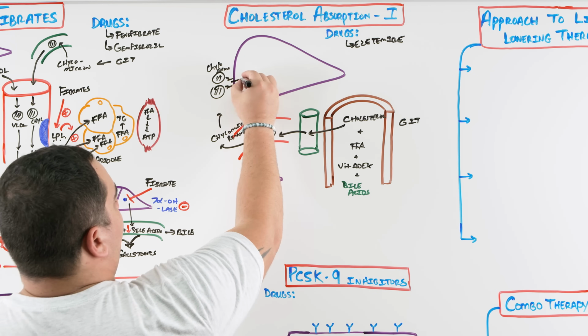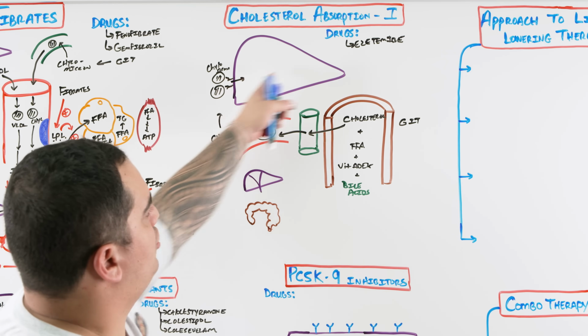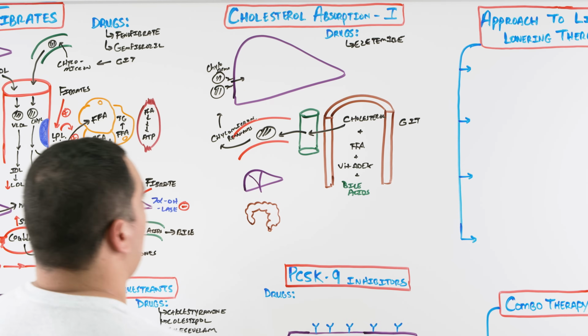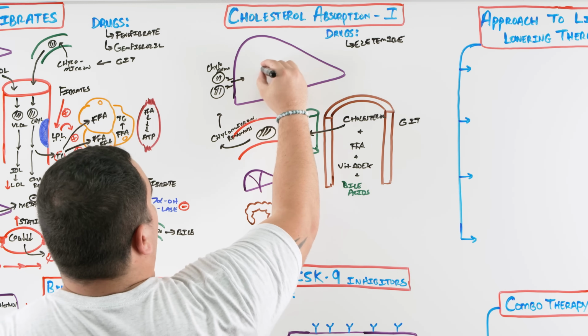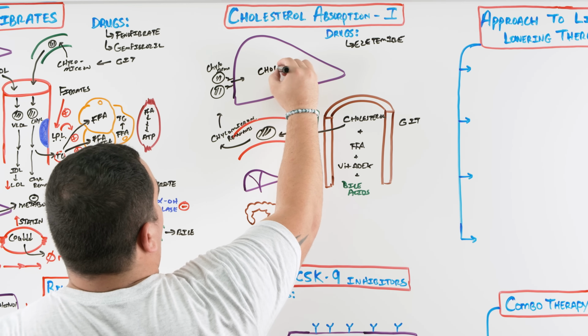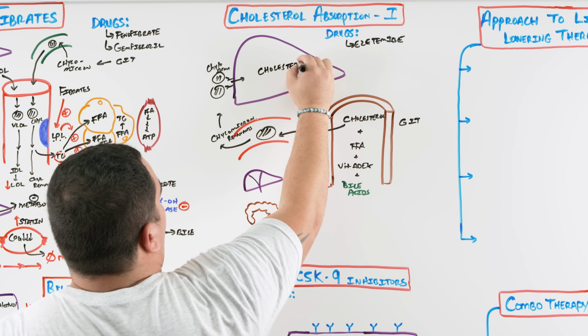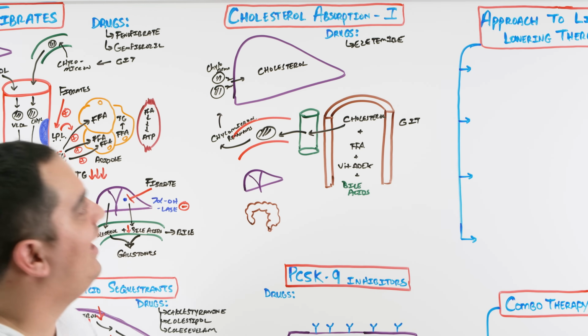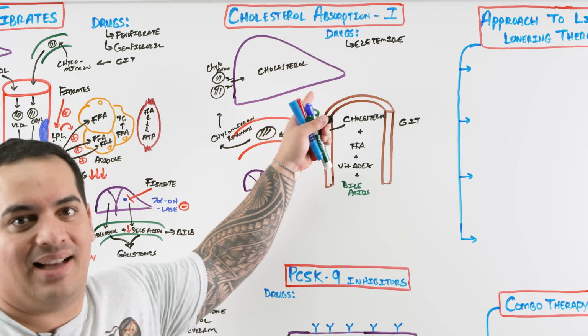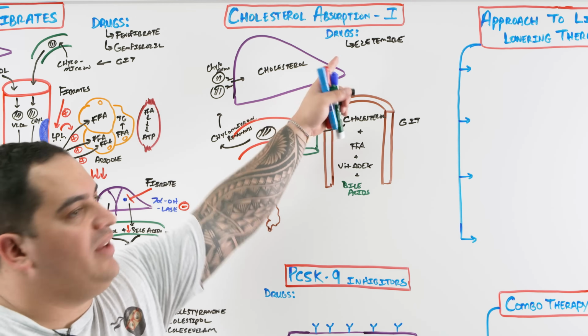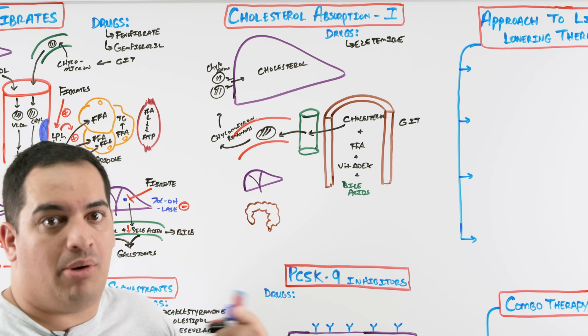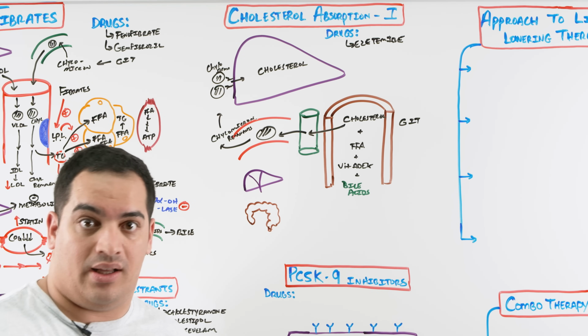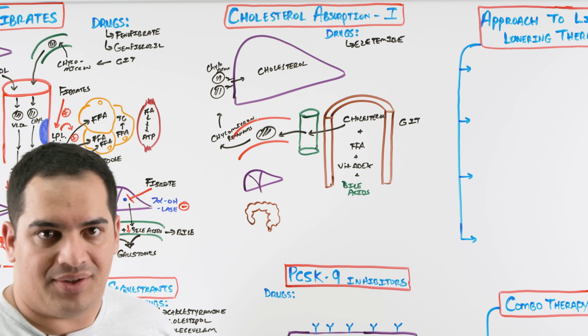They bring it to the liver, and when they bring it into the liver, they push the cholesterol in here, okay? Now, cholesterol is obviously very important to make a lot of different things, okay? We obviously know that it can make bile acids. We obviously know that it can make VLDL. We obviously know that depending upon the amount of it, it also controls the expression of LDL receptors.